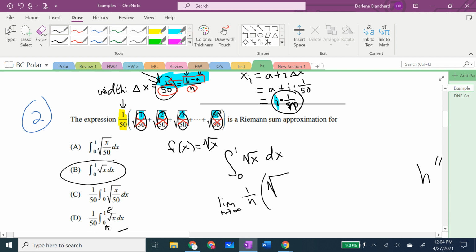So what you're actually looking at is the square root of 1 over n, 2 over n, until you reach the square root of n over n. That's what that would look like differently if it had used the n instead of making n 50.